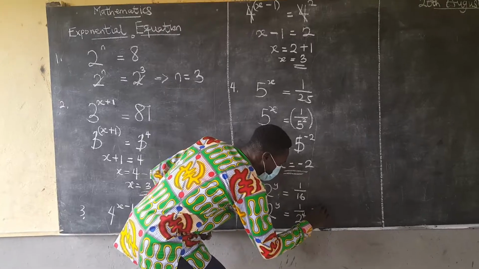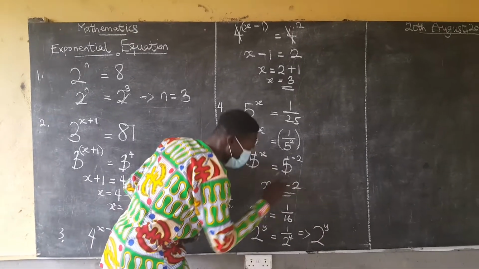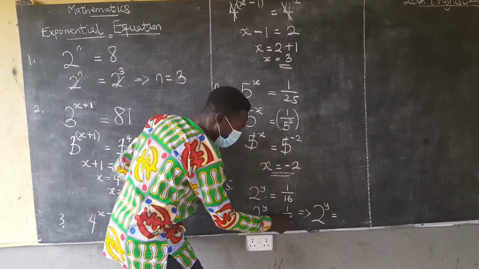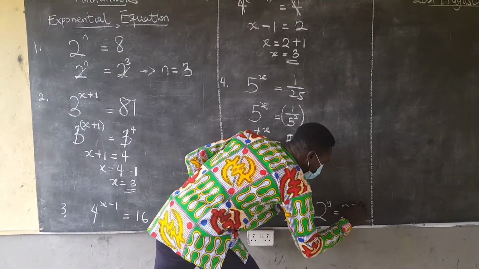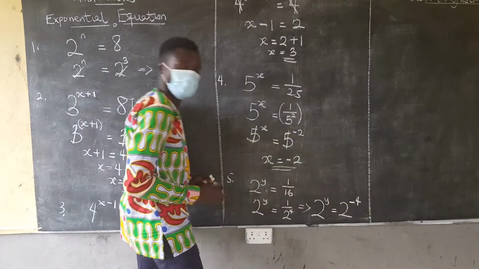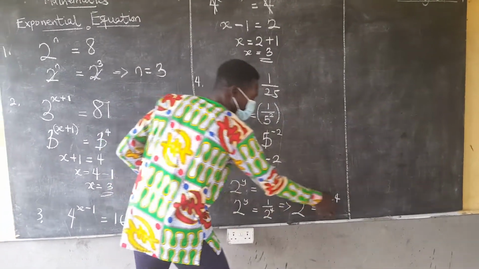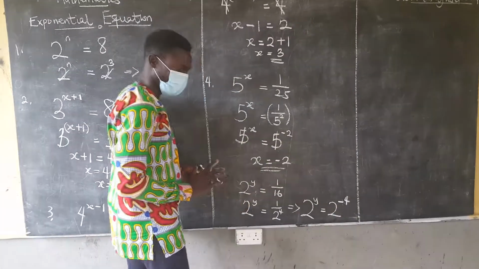So with this, I can write 2 raised to the power y is equal to 2 raised to the power negative 4. To write it this way, you just write the reciprocal of it, and this becomes my answer.